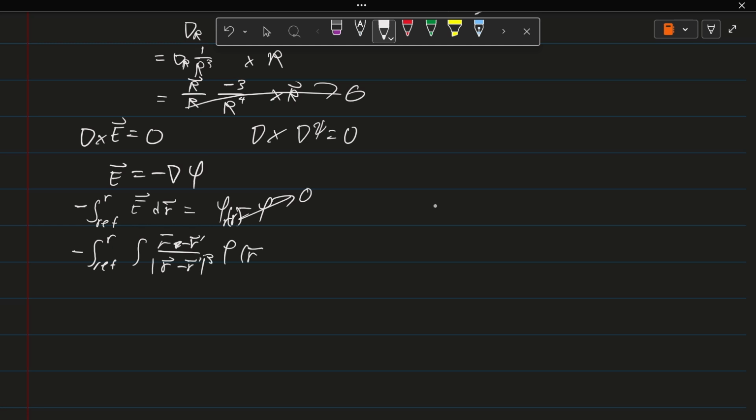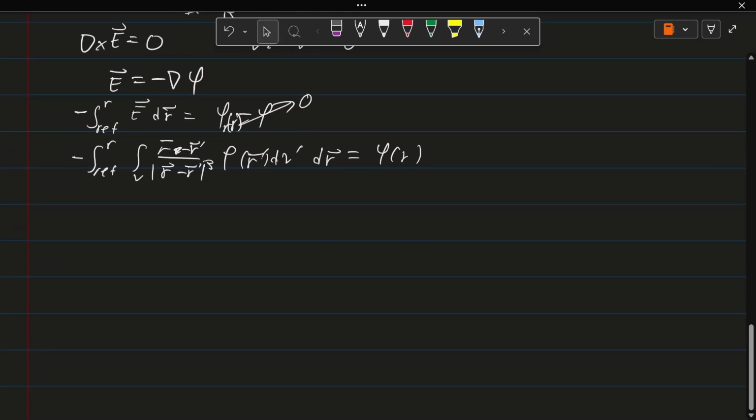Like so, with the dr vector as well. And this would equal d phi r. Something that I could show here is that dv prime and dr vector don't depend on each other, so you could just switch the order and do the integral.